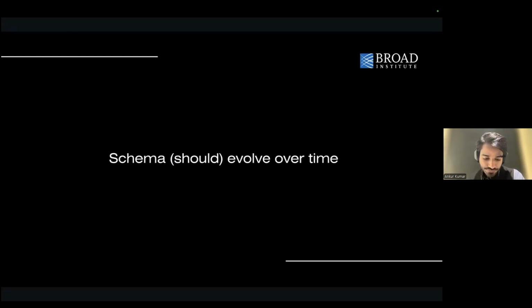There are multiple reasons to do this because you will never be able to foresee all the data that you are going to ingest. So at some point you have to update your schema to accept new data types, and also the needs might change as well. You might need more structure to build more automated tools, and other things can happen as well. So you should have this mindset that, okay, I'm building a data schema, but it's going to evolve.